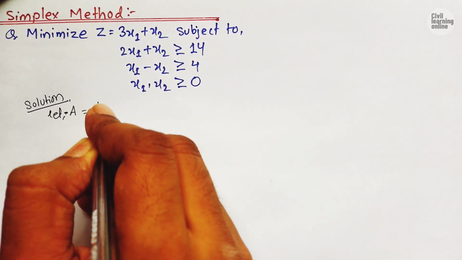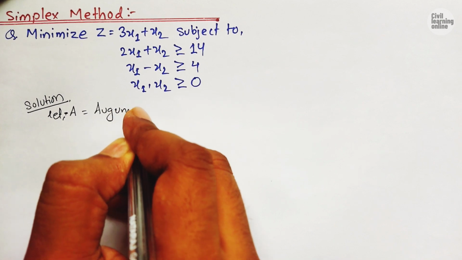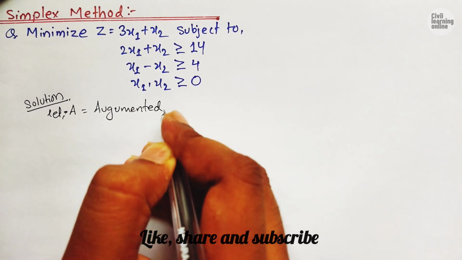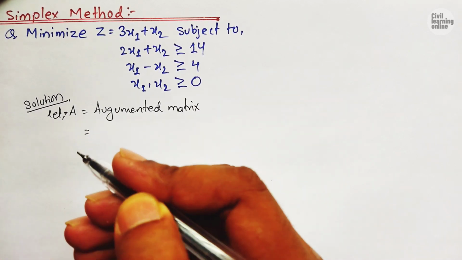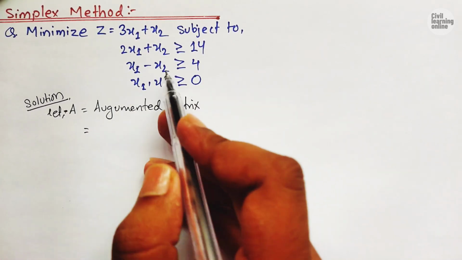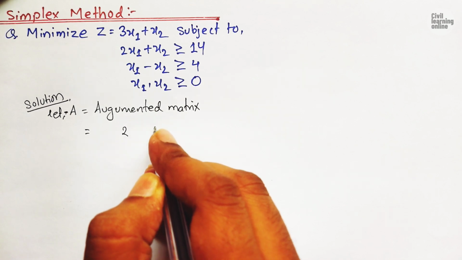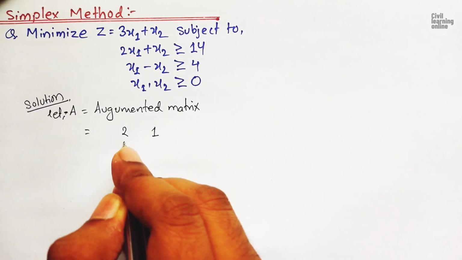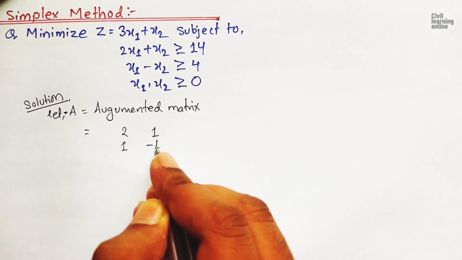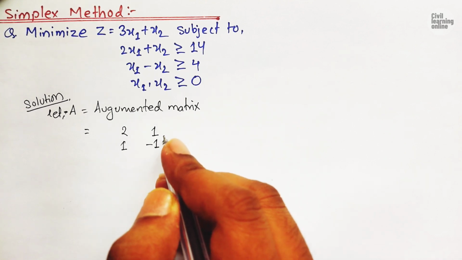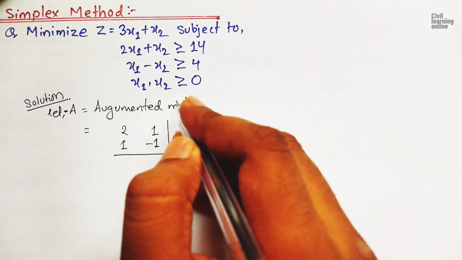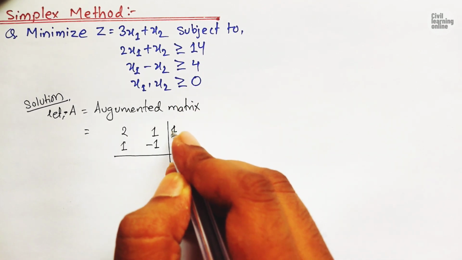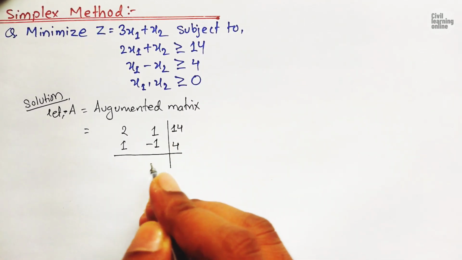and let A equal the augmented matrix. So our augmented matrix is going to be 2, 1; 1, minus 1, and draw a line like that, and the other elements are 14, 4.